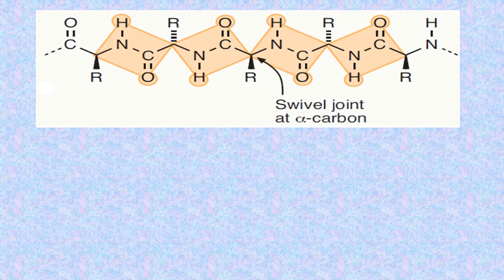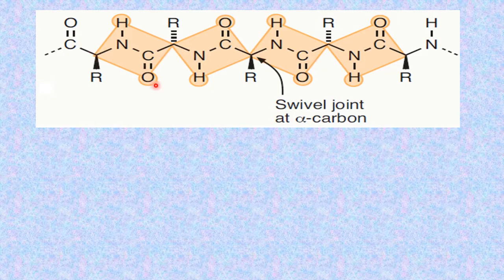Now the peptide bond, because of the double bond nature, does not permit free rotation, so it is more stable. However, in the backbone, the alpha carbon provides two joints where rotation or torsion is possible in the backbone itself.